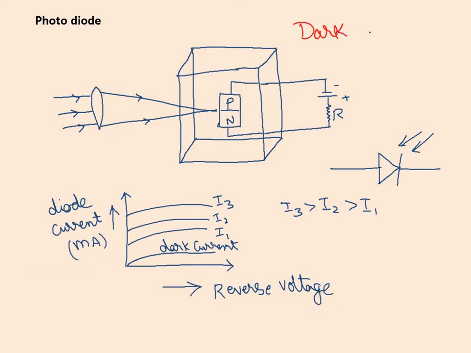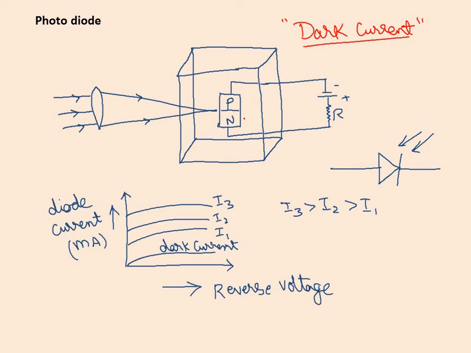Remember that. The current corresponding to the thermally agitated minority charge carriers in reverse bias is nothing but the dark current, since we have not started illuminating the diode. We call it dark current because it flows only when no light is incident on it.